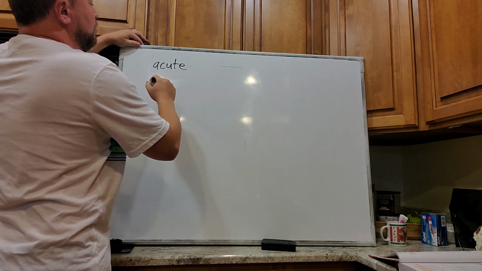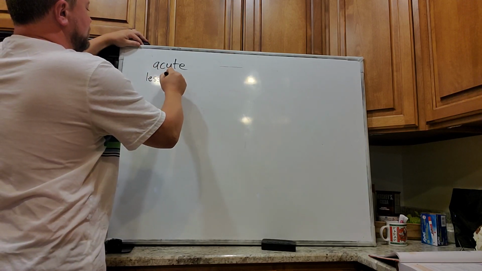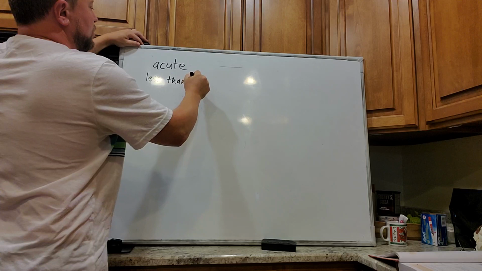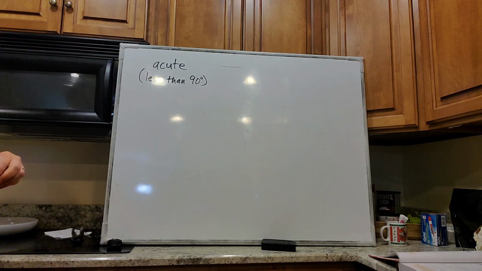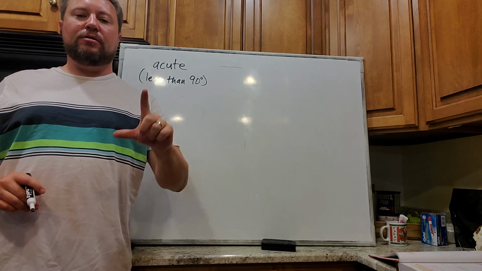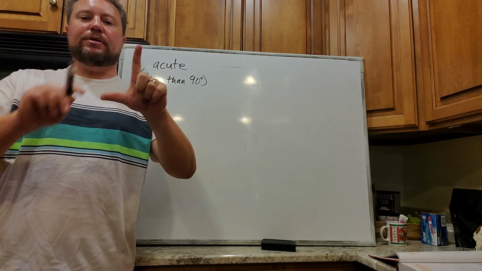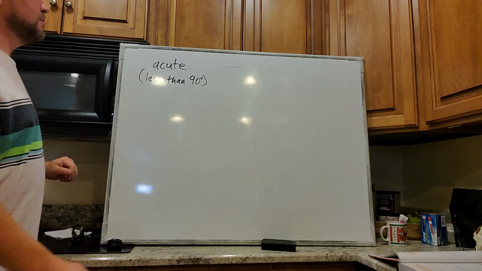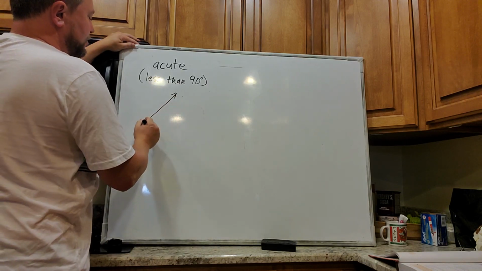An acute angle is going to be an angle that is less than 90 degrees. Less than 90. A lot of people are familiar with a 90-degree angle, what we call a right angle, like a corner of a piece of paper is 90 degrees. So an acute angle is less than that, so it might look something like this.